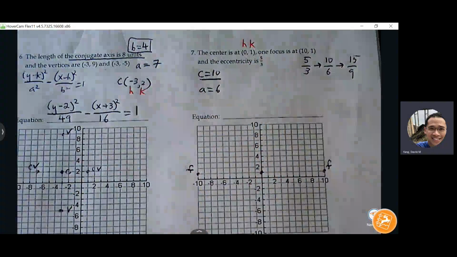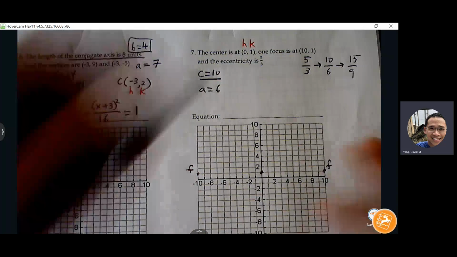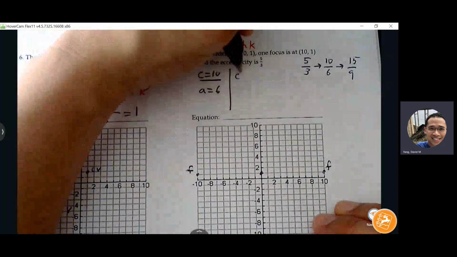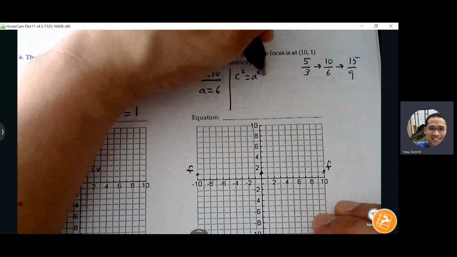So we're using the eccentricity to help us find that relationship so we can find a and c. Once we have a and c, we can use the equation to help us get to our b value.